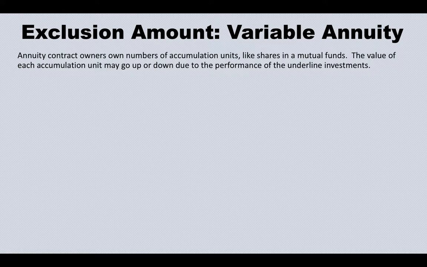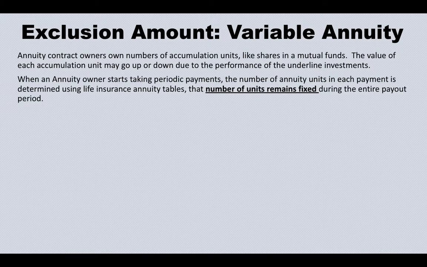The value of each accumulated unit may go up or down due to the performance of the underlying investment. It's like mutual fund shares. The share value goes up and down because the investment goes up and down, right? This is the same with the variable annuity because you own each unit.